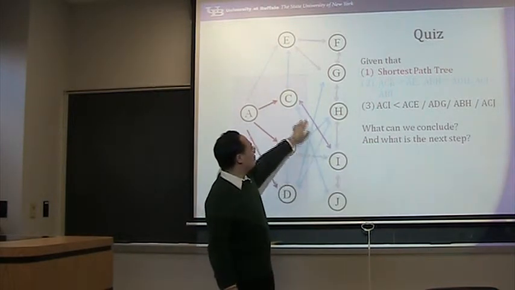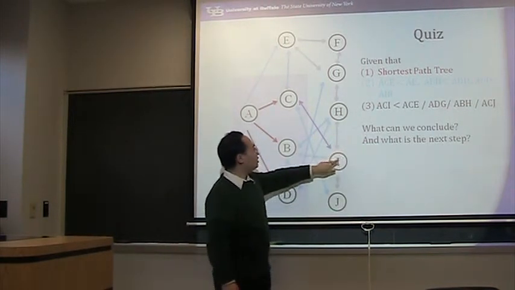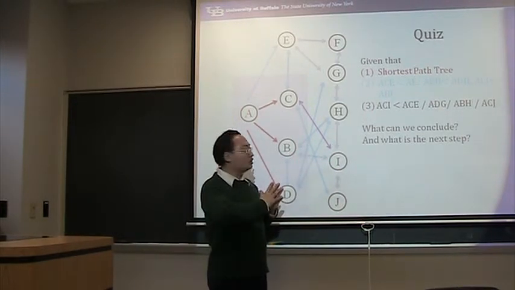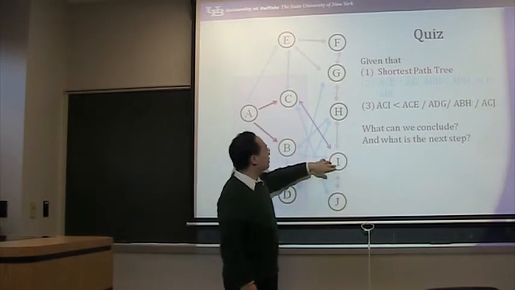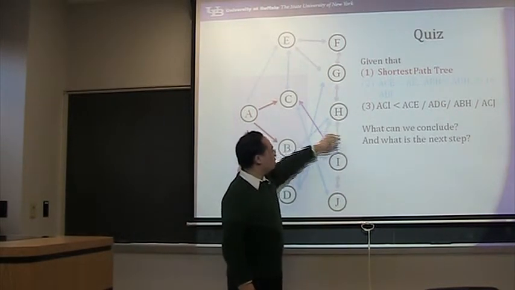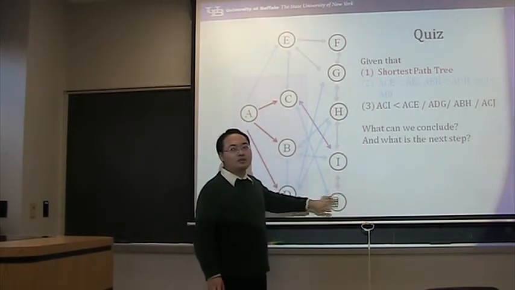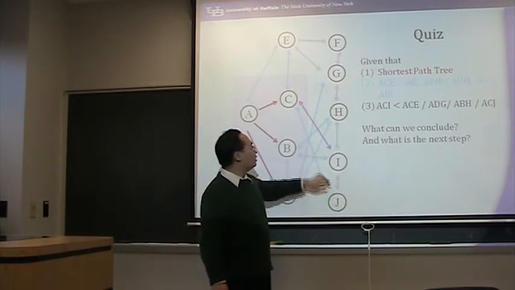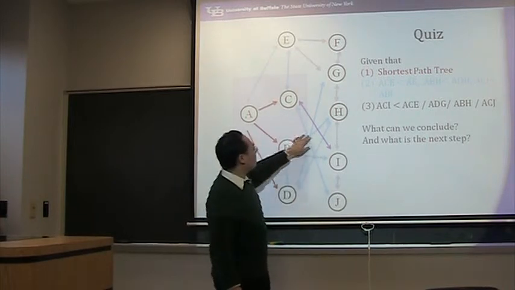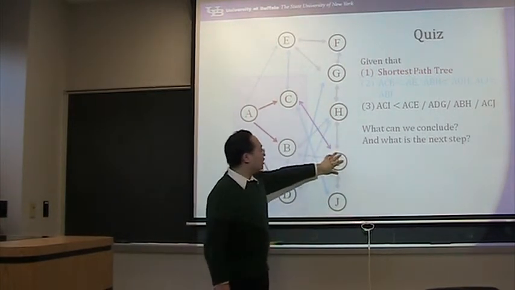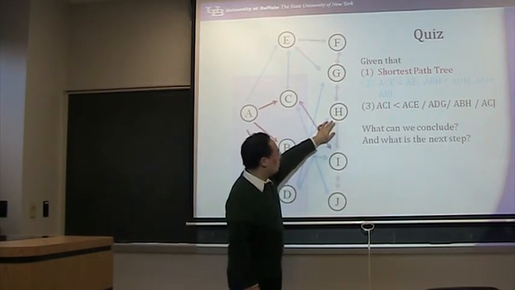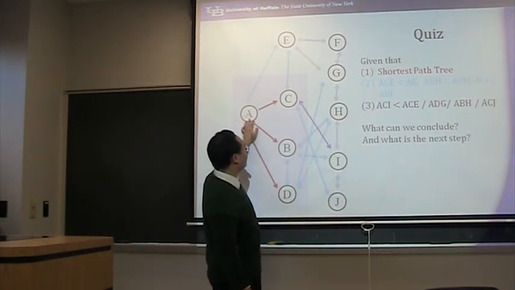In this example, if I put this node into the shortest path node set, then I have to consider if IH or IJ can be used to access H and J. Previously we have a shortest path ABH. Now we have a new node called I. We have to consider if ABH is shorter than ABI.